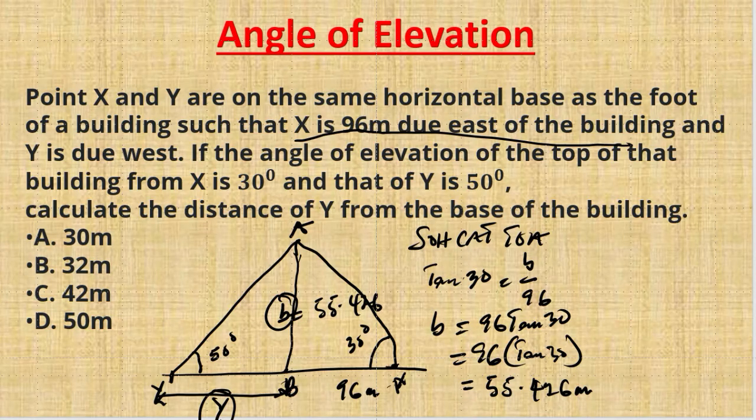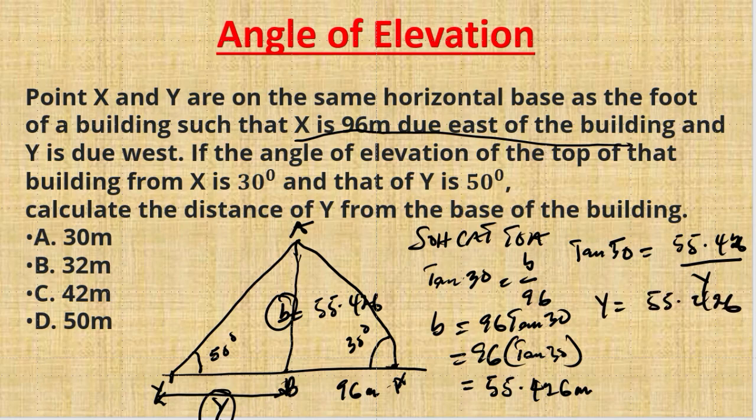Now, if I've gotten my B to be equal to 55.426, then I should be able to solve for Y, still using the same tan. Now, tan 50 from the other part of the triangle will be given as 55.426 all over Y. So that Y will be 55.426 all over tan 50.